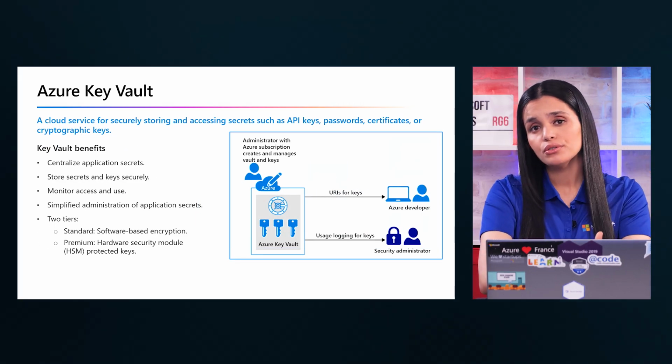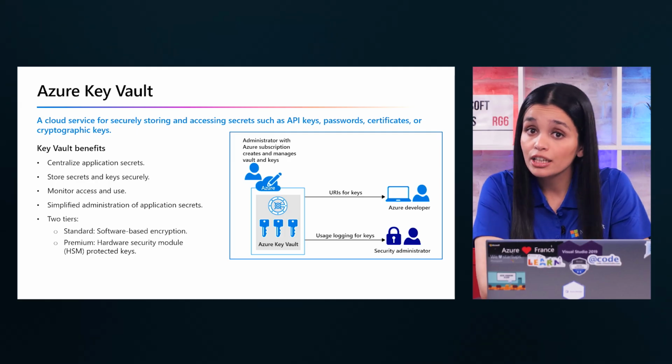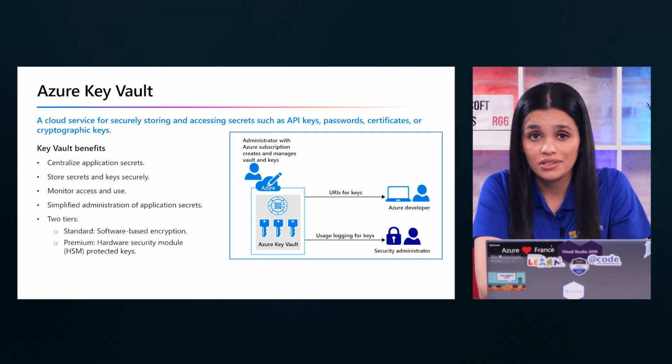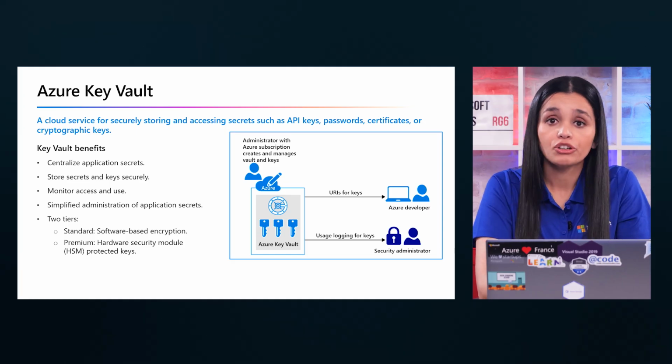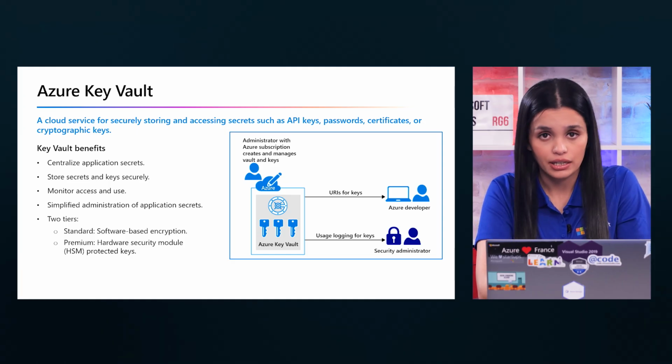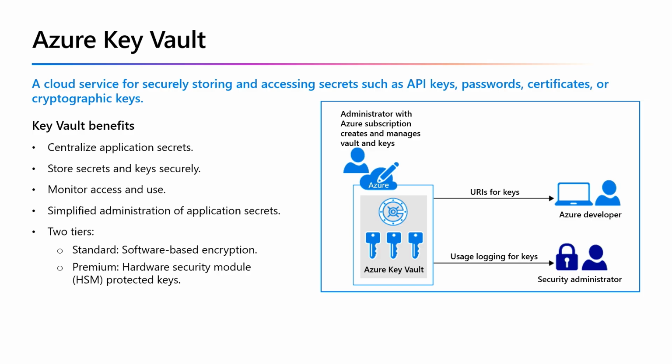Azure provides you with a solution where you can keep your valuable items such as passwords, API keys, encryption keys, and certificates. Azure Key Vault is a cloud service for securely storing and accessing secrets. A secret is anything that you want to tightly control access to, such as API keys, passwords, certificates, or cryptographic keys.